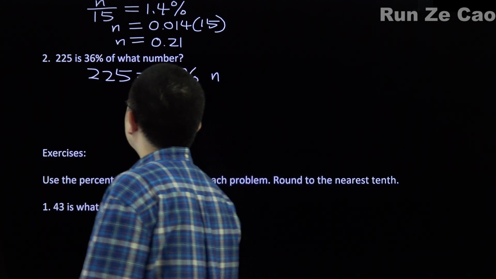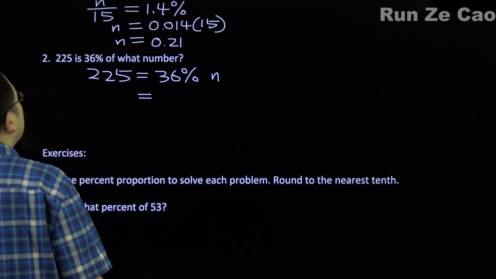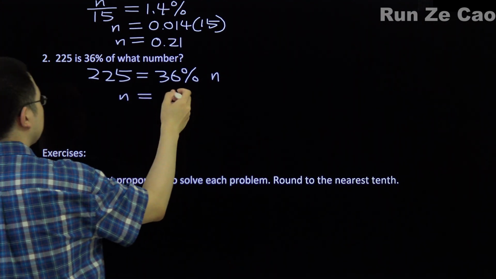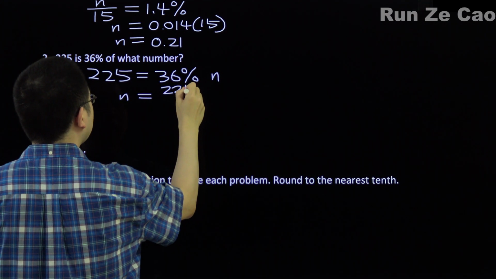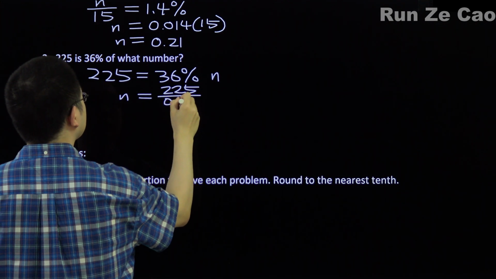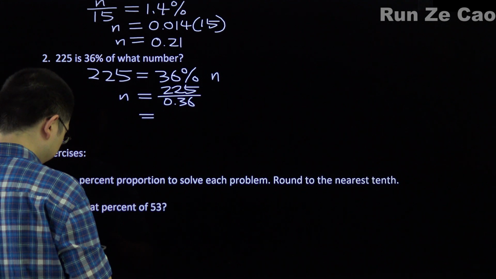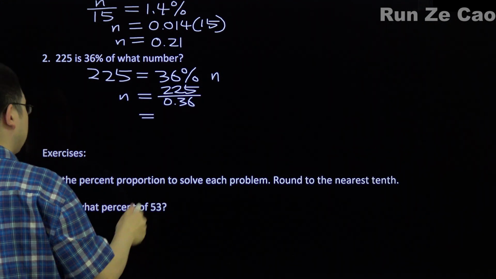Now for this, let's use 225 over 0.36. It's 225 divided by 0.36. It's 625.